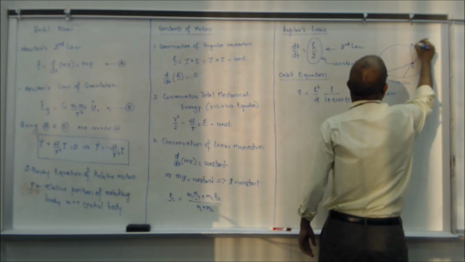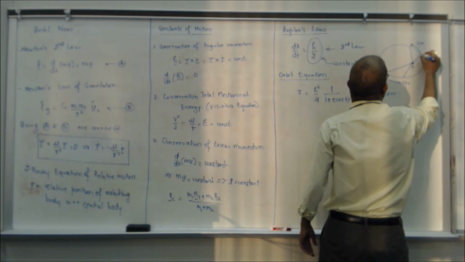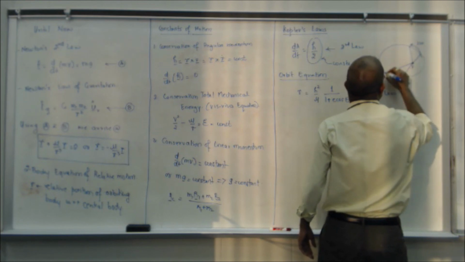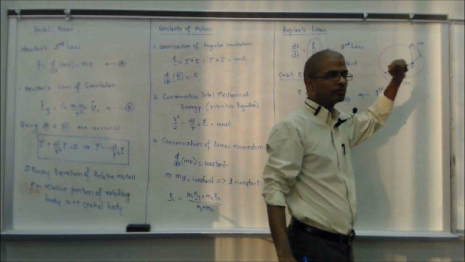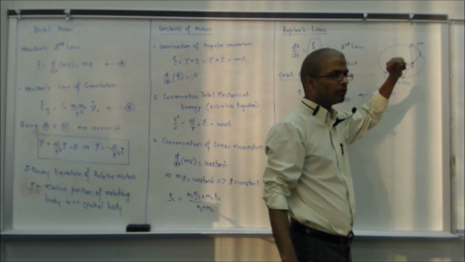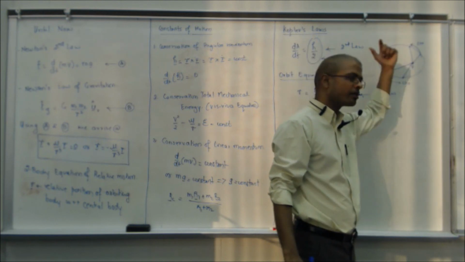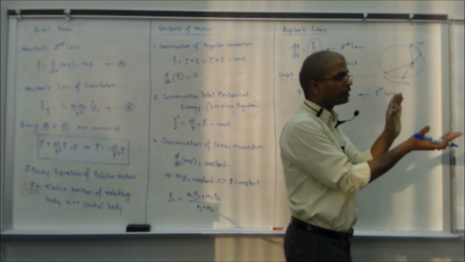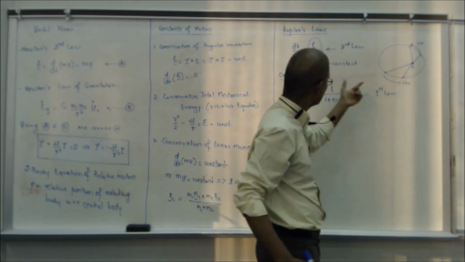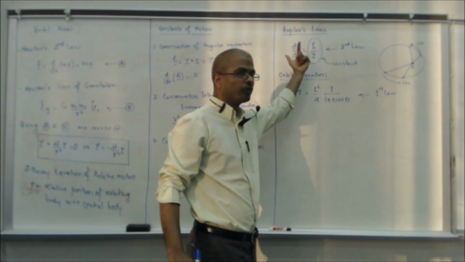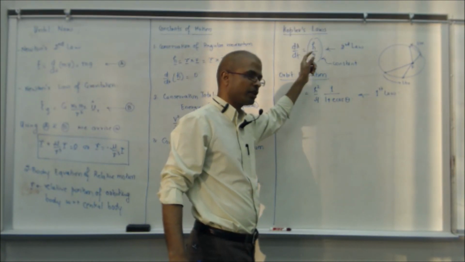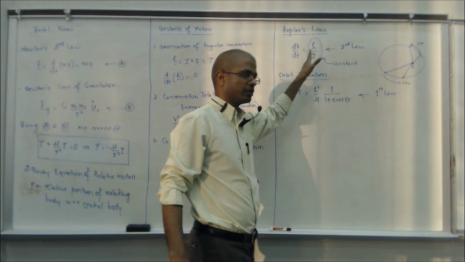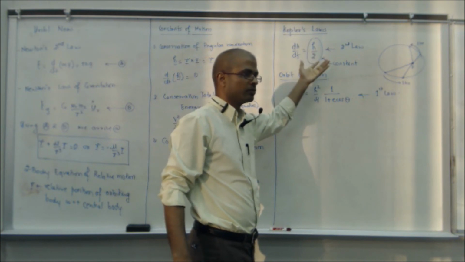The time taken to go from this point to this point, the areas will always be the same. Whatever time it takes, the area covered in that time will always be the same. That is what Kepler said, and we proved this. And the right-hand side only has the significance that it is constant. That's it, because h is a constant.